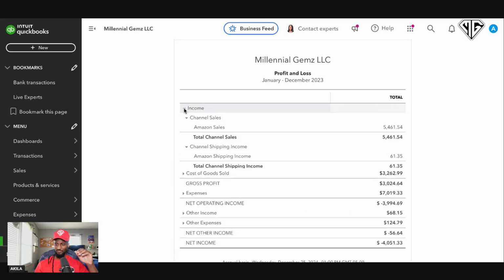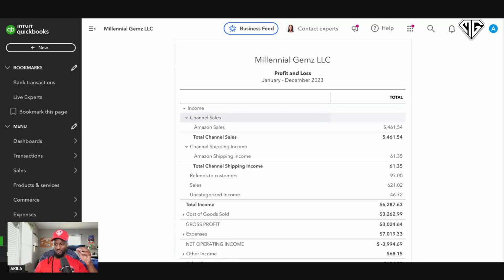In the revenue section, it'll show you all the different ways and channels that you were able to bring in sales. Last year, I was selling on Amazon, doing Amazon FBM. I did fulfill by merchant, which is essentially, I was doing the shipping and packaging myself.